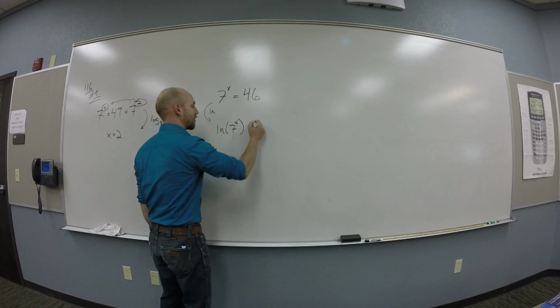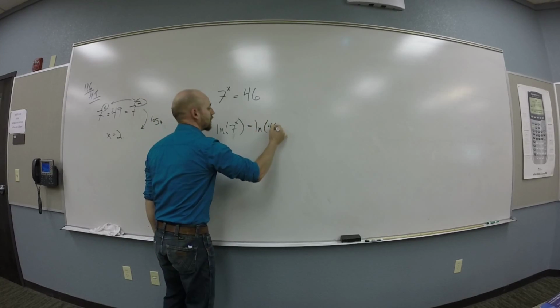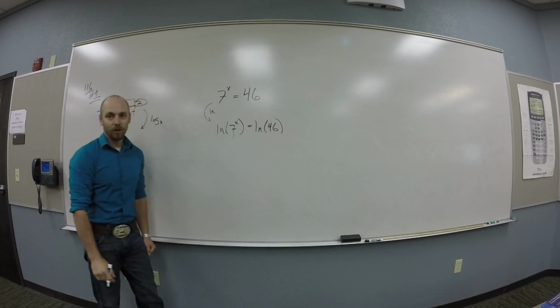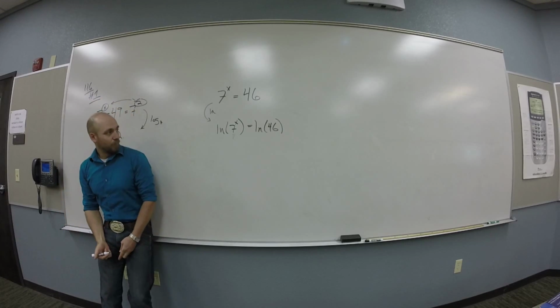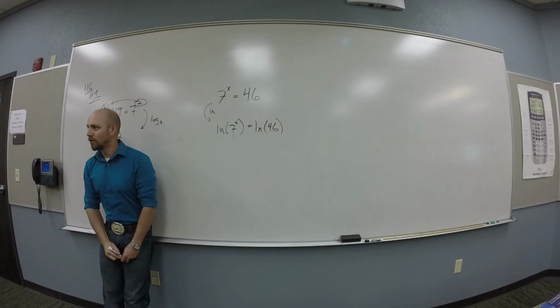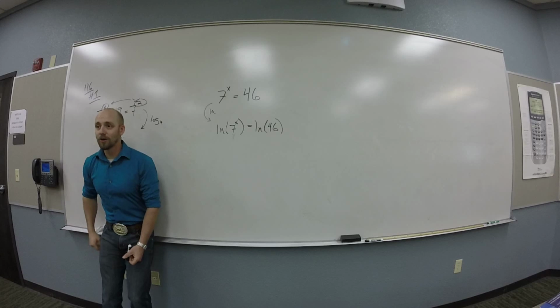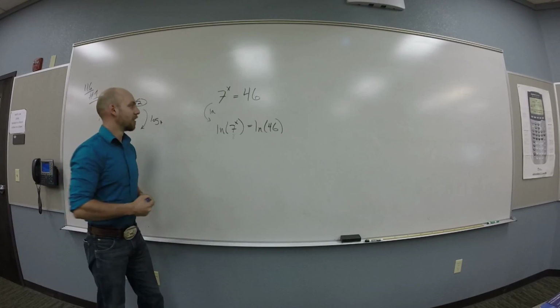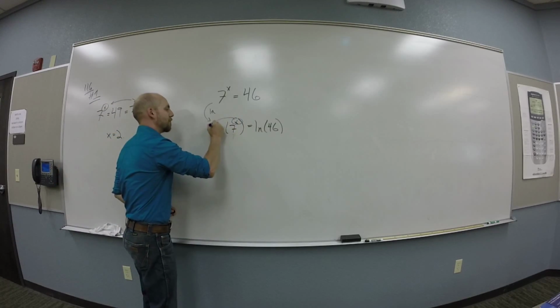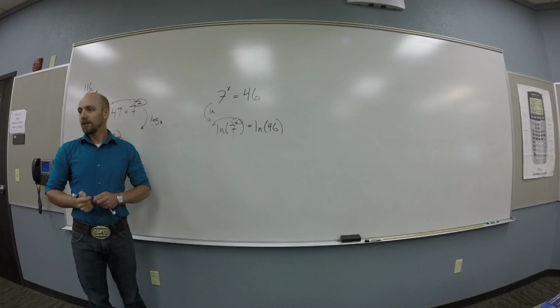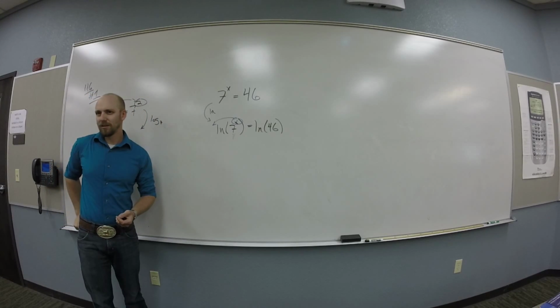Yeah, the natural log of the other side, right? So I'll have natural log of 46. Okay. Now, what was the point? Why did I want to do this? Why was this a good idea, not a terrible idea? Yeah, there's a log rule that's going to help me out, right? I know that I've got a log rule that lets me pull exponents down front. You guys see why this was helpful now?